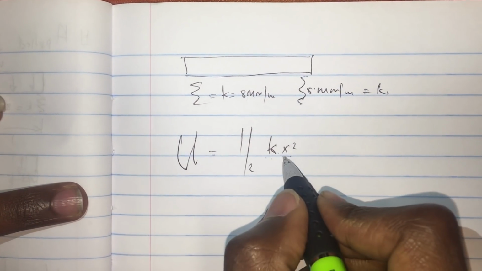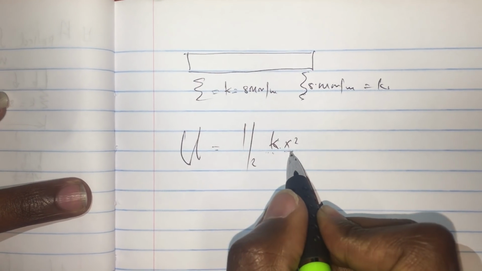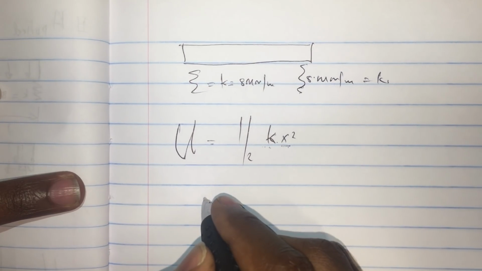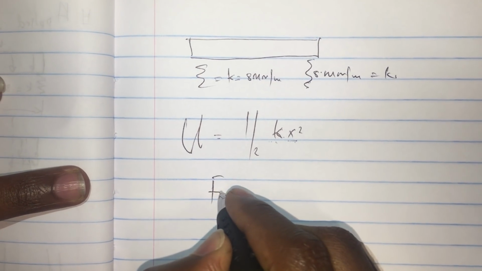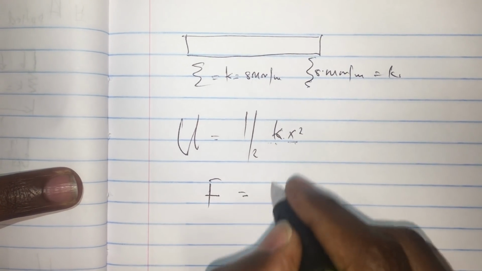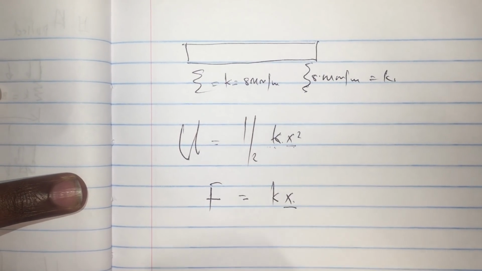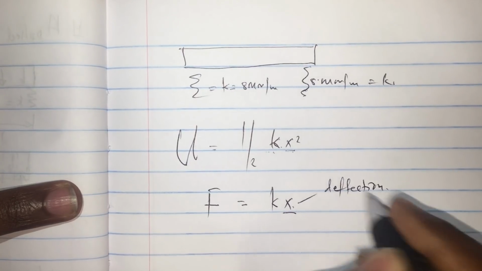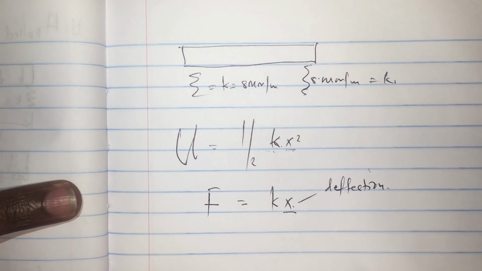To find the deflection, here the K we have, but we need the deflection. That's the thing that we don't have. Remember F applied on the spring is equal to Kx, x being the deflection we're looking for.